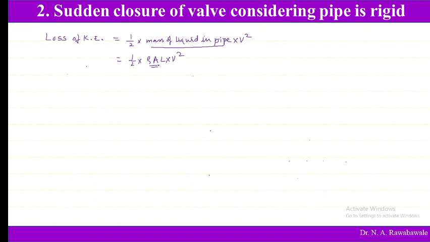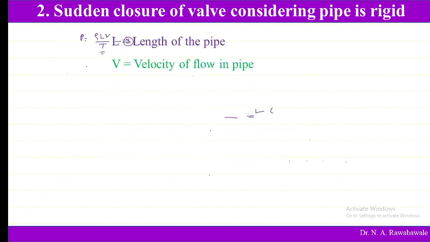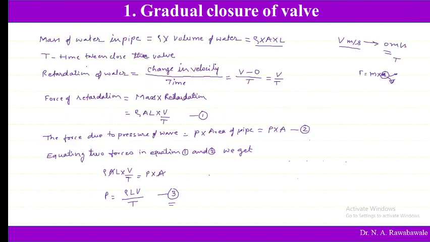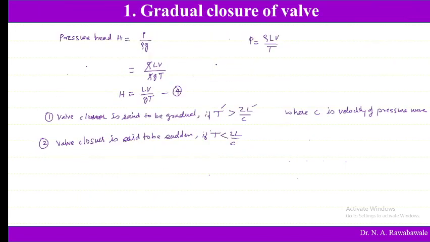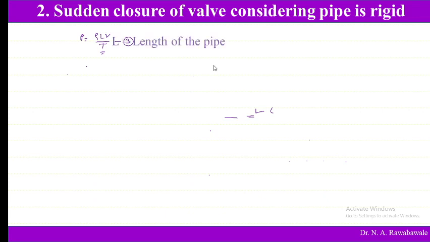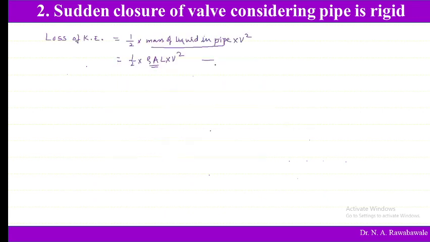So the loss of kinetic energy is half rho A L into v squared. Now, the gain of strain energy: whatever kinetic energy is lost is converted into strain energy. We call this equation number 5.